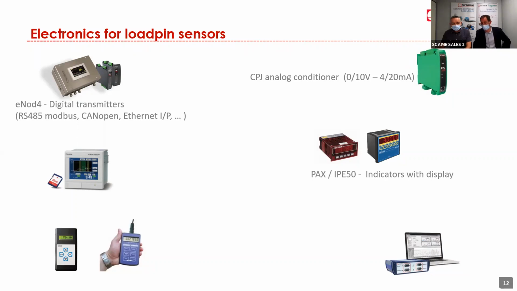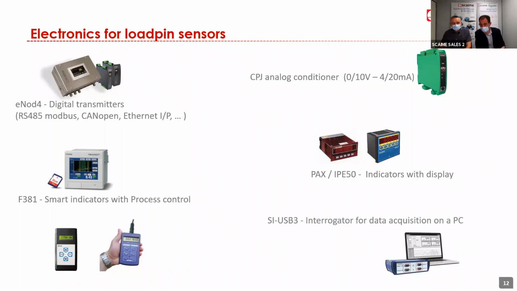Some other electronics are our range of indicators, PAX or IP50 indicators with display, but also smart indicators like our F381 indicator, able to control your measuring process.